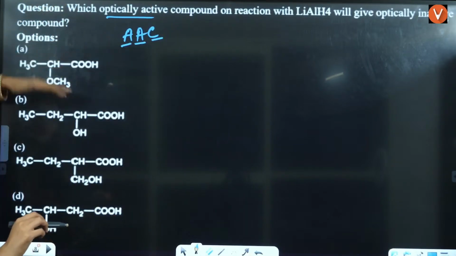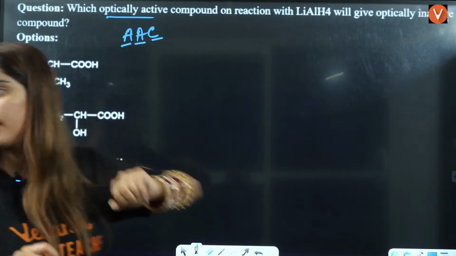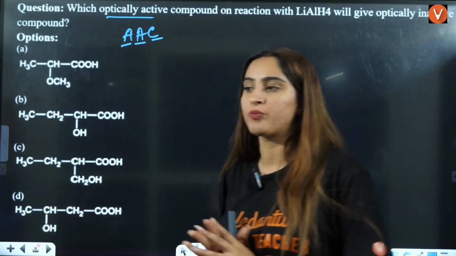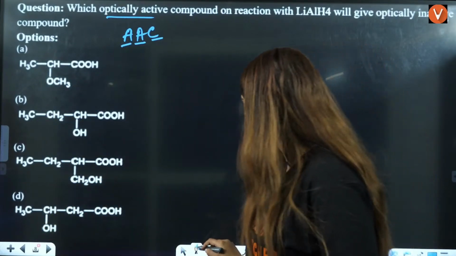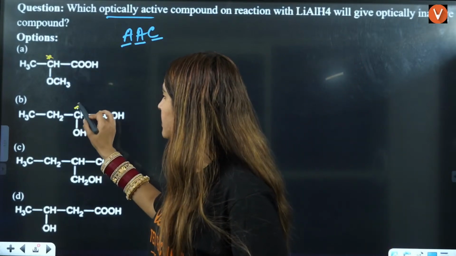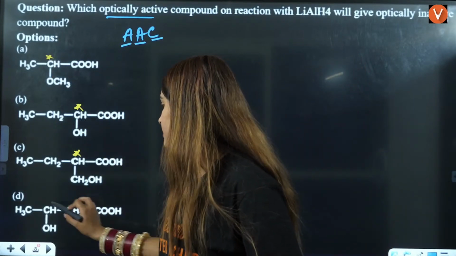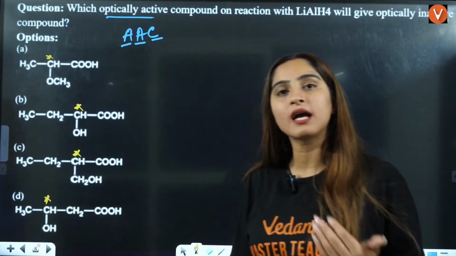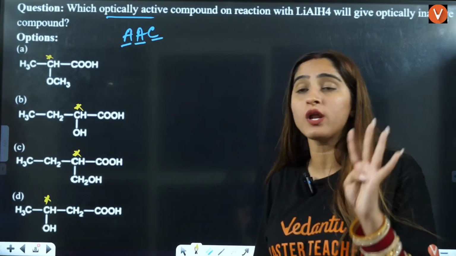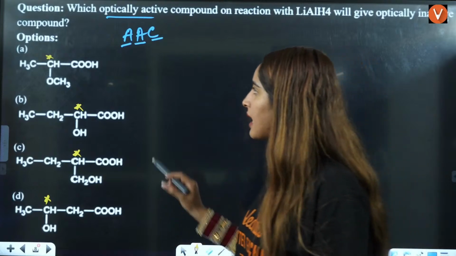All of them are asymmetrical. If you see a plane of symmetry, we cannot pass one in any of them. All of them have a chiral center. This is a chiral carbon, this is a chiral carbon, this is a chiral carbon, this is a chiral carbon. Now, what is a chiral carbon? The carbon which is sp3 hybridized with 4 different groups. That is a chiral carbon.